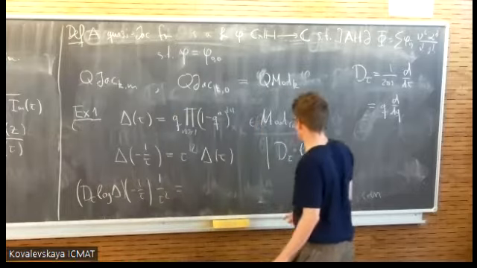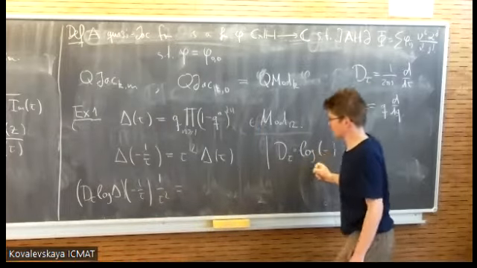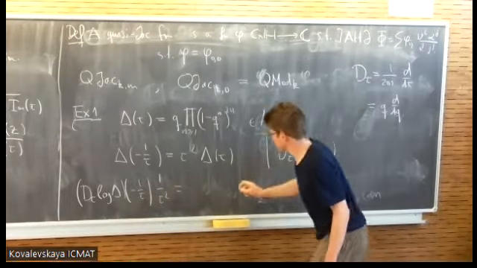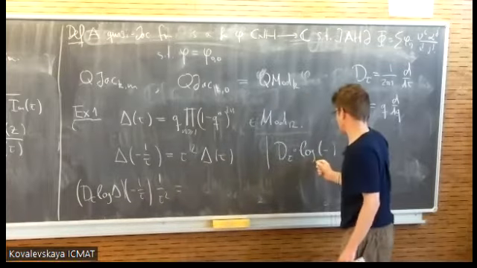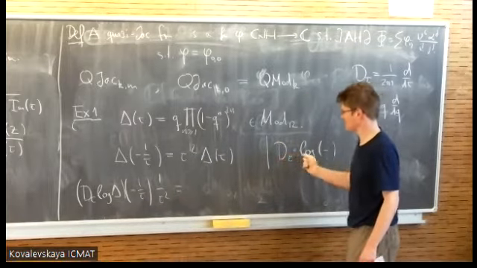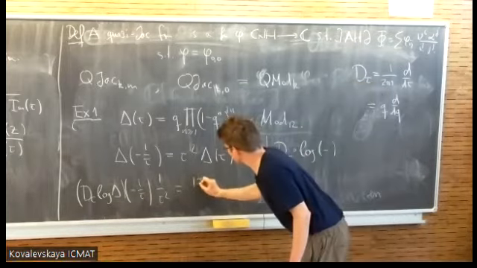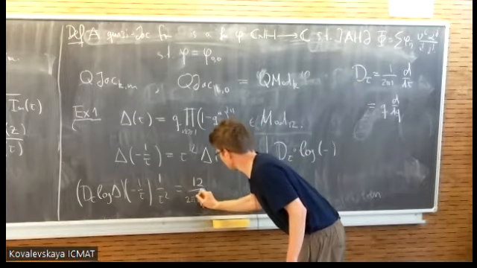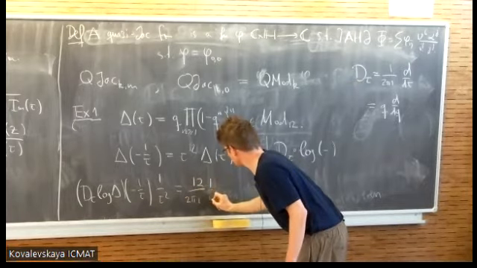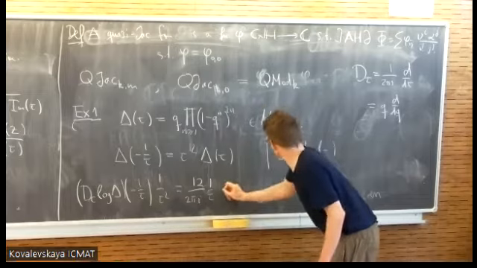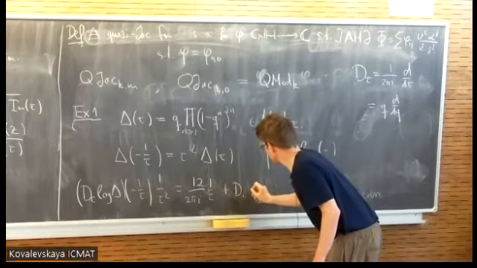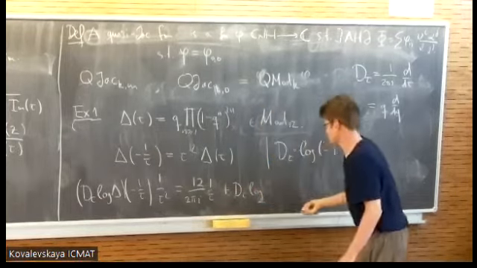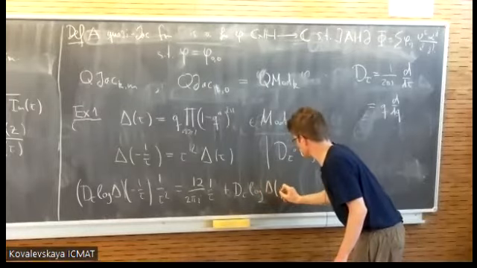If you take the log, you have 12 times log tau, and taking the derivative, 12 divided by 2 pi i times 1 over tau, and then here you get the same term, log delta.